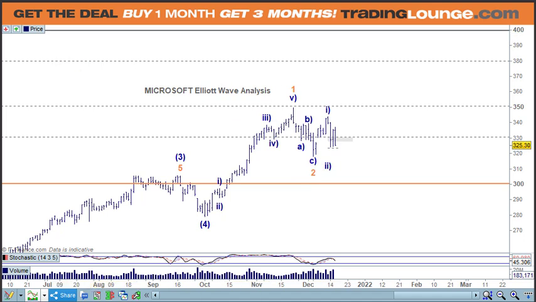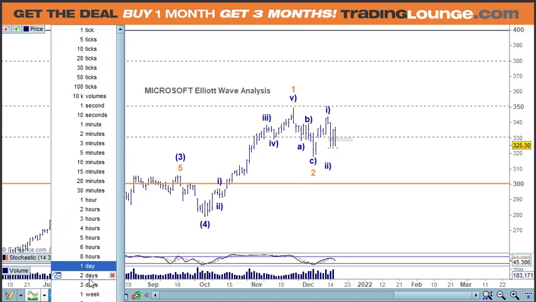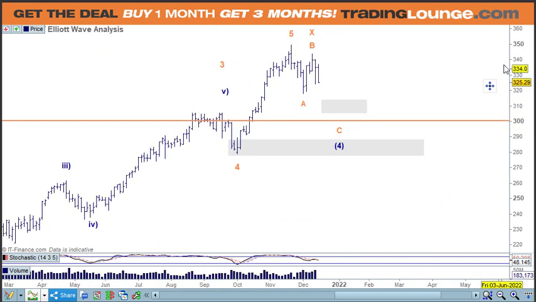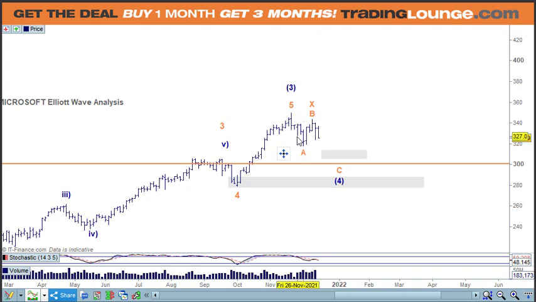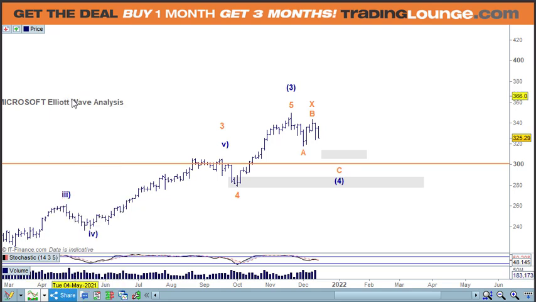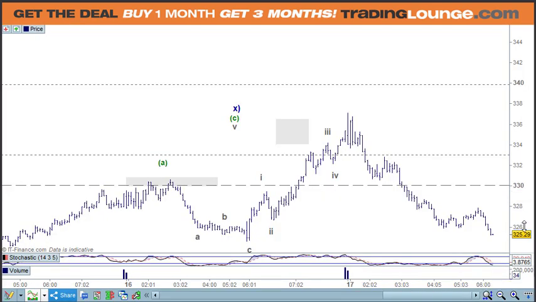So I think that all in all, we need to look at this count. We could probably keep the ABC. I'll just have a look inside here, but probably we'll move to the X wave. Let me just check what we've done here before.